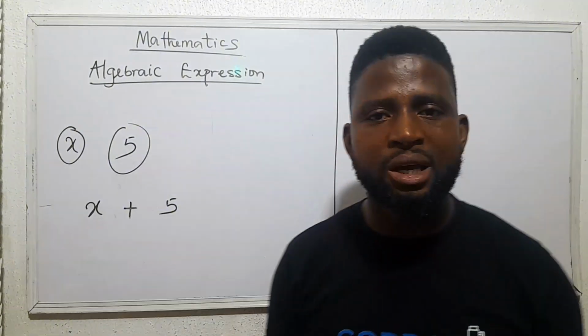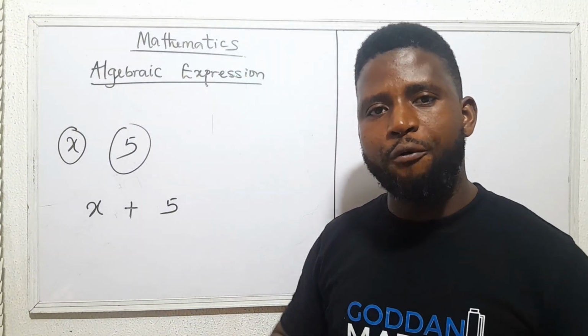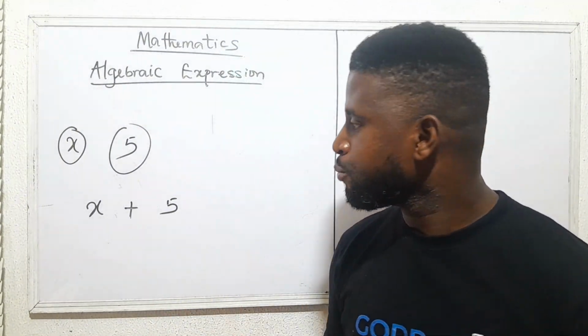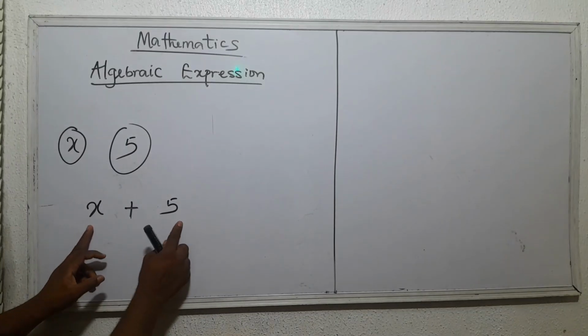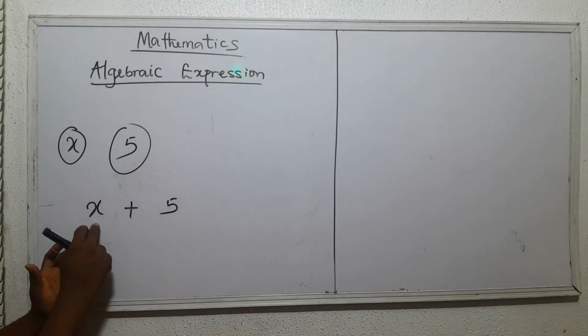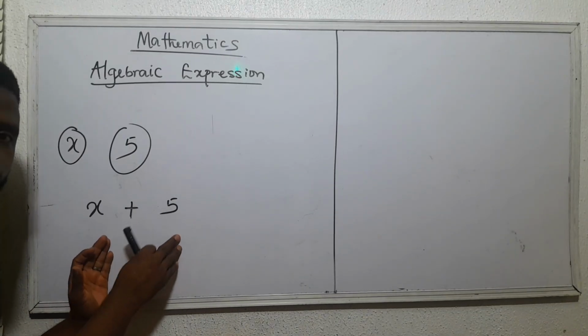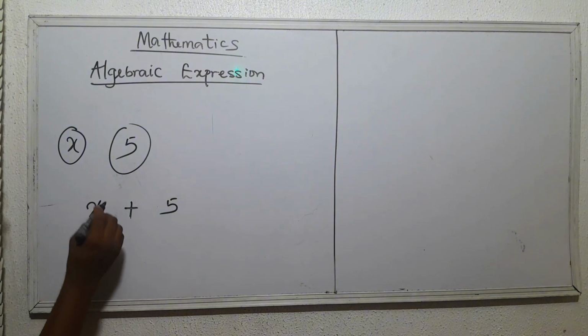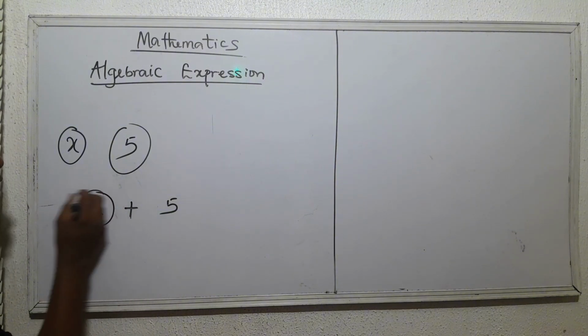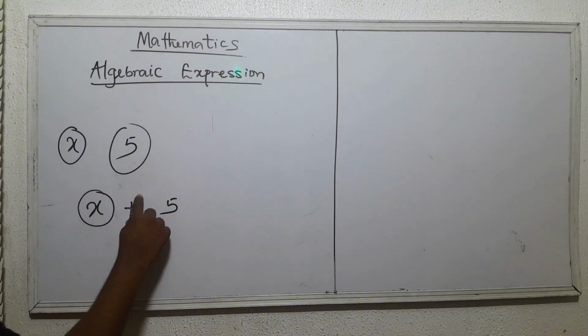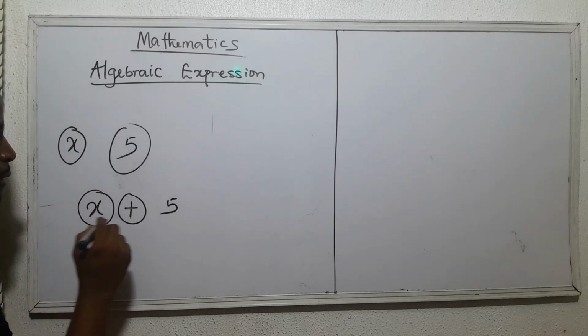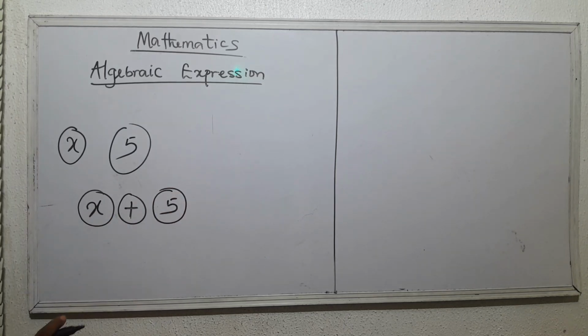Now, a term is the single part of an algebraic expression. Just as we have in this example, x plus 5. x plus 5 contains two terms. The single part of this expression is x. The operator is plus. Then we have another single part, 5.